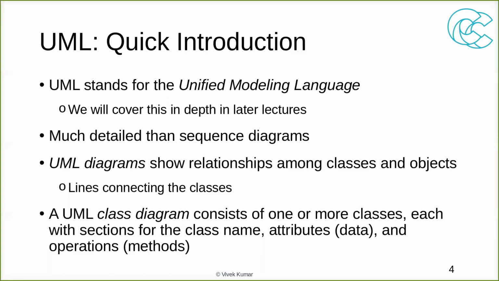UML diagrams are very similar to sequence diagrams in the sense that they capture the relationships between the classes. But in a sequence diagram, as the name says, you trace the calls. For example, you put out the exact sequence of method calls that indicate the relationships, right? But here in UML diagrams, you don't do that.